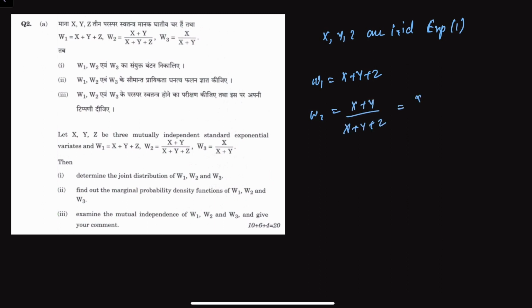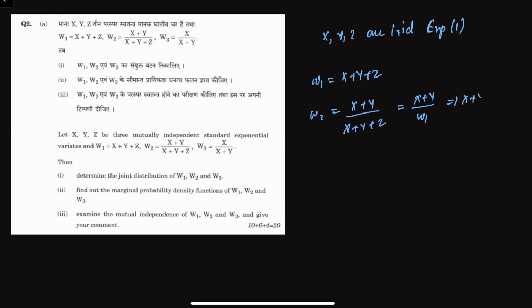They have mentioned that these are standard exponential variates. That means X, Y, Z are IID exponential with parameter 1. Then W1 is X plus Y plus Z, and W2 is (X plus Y) by (X plus Y plus Z), which means it is (X plus Y) by W1.